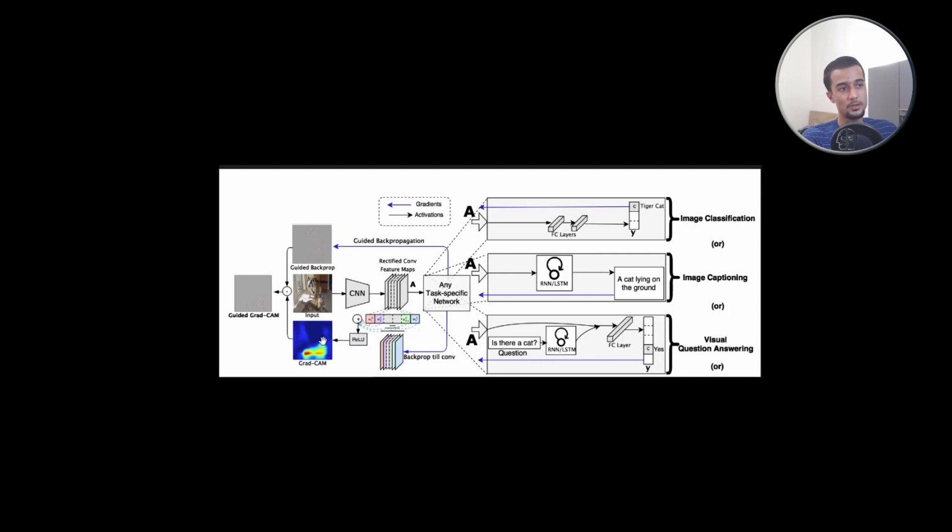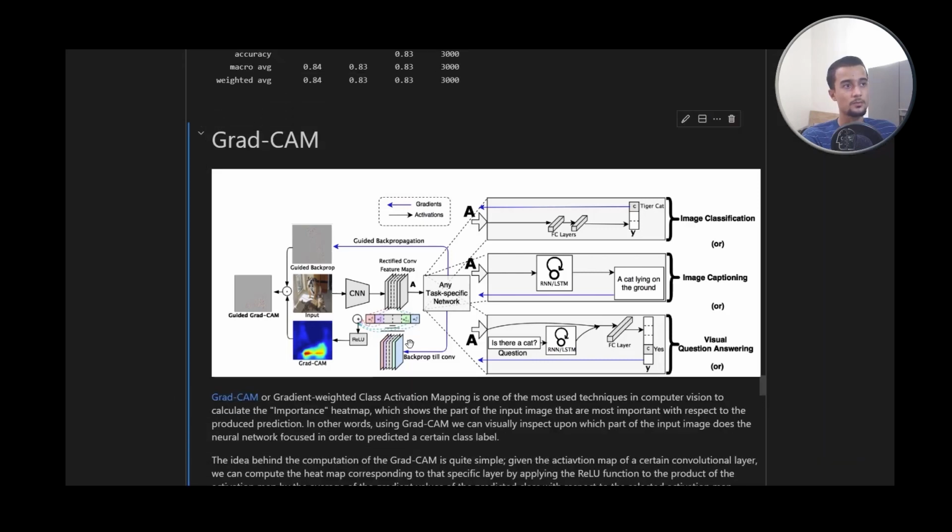The heat map is then processed and resized to match the size of the input image, and then we can overlay it over this image to better visualize the result of the Grad-CAM. So this is basically the algorithm of the Grad-CAM and how it works, and we're going to see now how to implement that using TensorFlow and Keras.